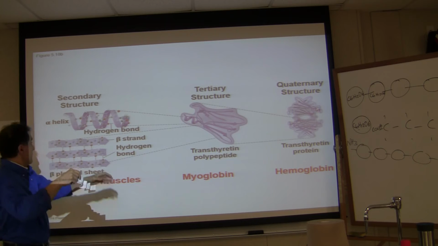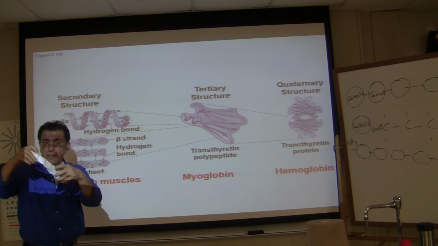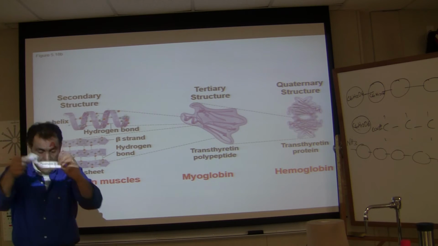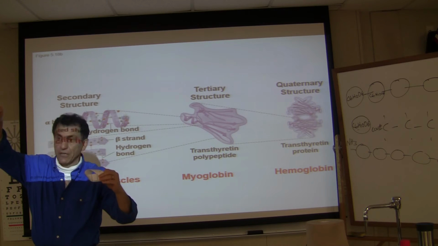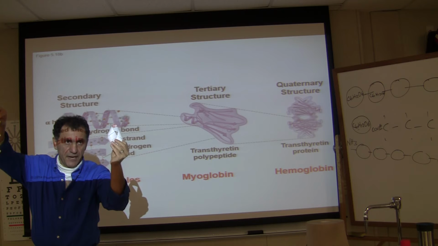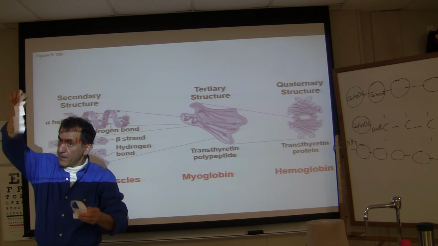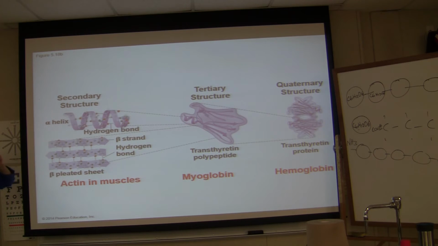So these amino acids can be twisted like this, an alpha helix, or they can be pleated like that. They both are secondary structures. Twisted, alpha helix, like a snail, if you would, or pleated beta. They call that a beta pleated sheet.